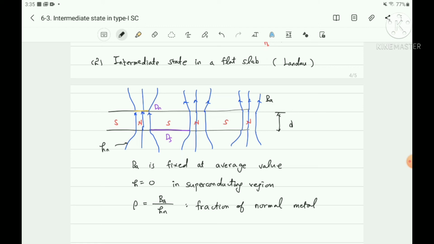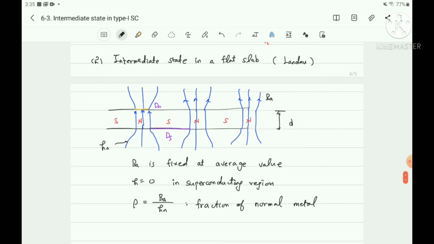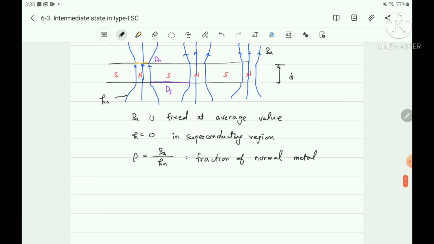With minimization of the free energy, we can think about how this intermediate state, meaning the mixed state between the superconducting state and the normal state, arises. In order to calculate the intermediate state, let's calculate the surface free energy of the sample in the superconducting state and the normal state. And let's consider surface energy.